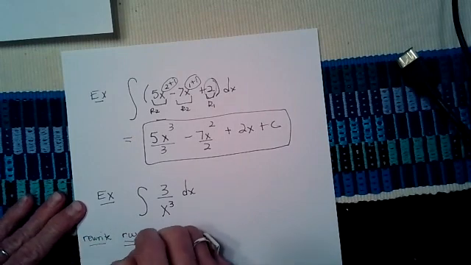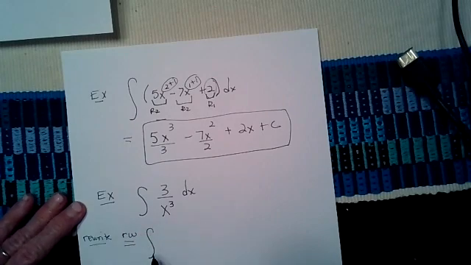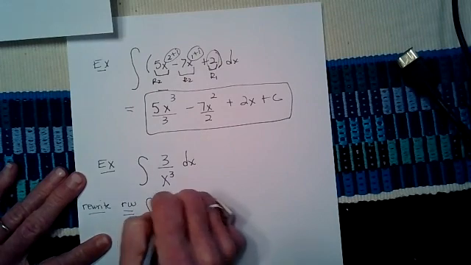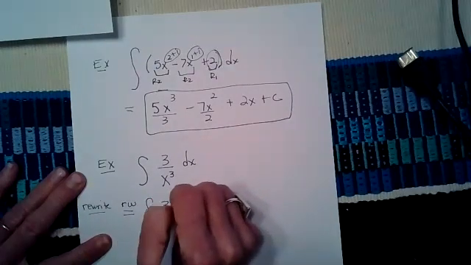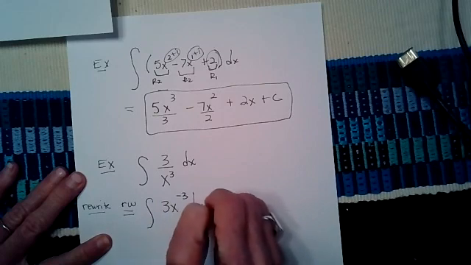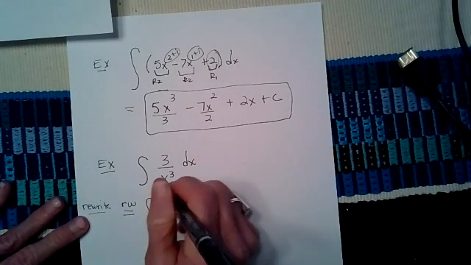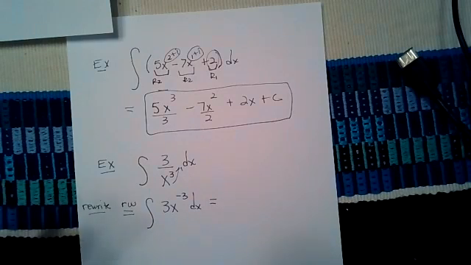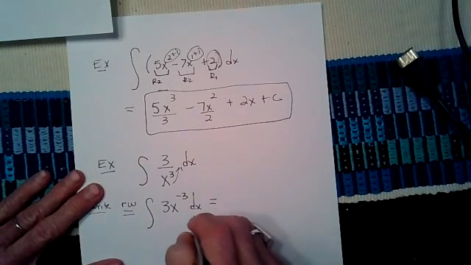the integral, and don't lose your integral sign until you actually add 1 or apply your rule. I'm going to rewrite this as 3x to the negative 3 dx. When you move the variable term up, you just change the sign of your exponent. And that's fine. So now what rule do we apply?